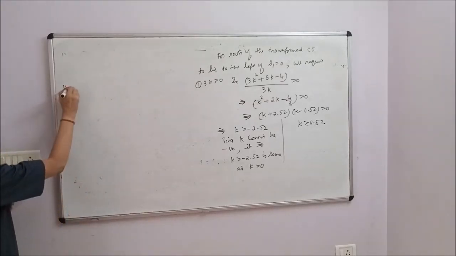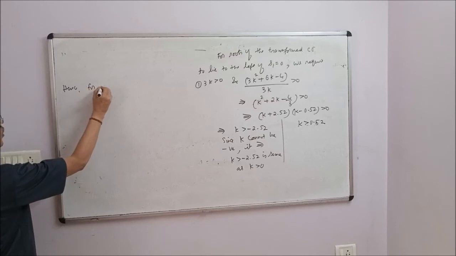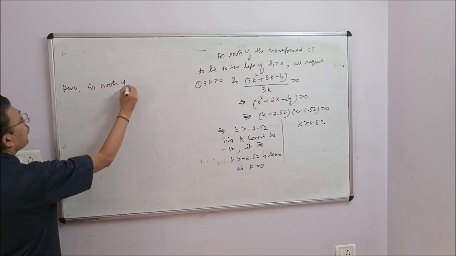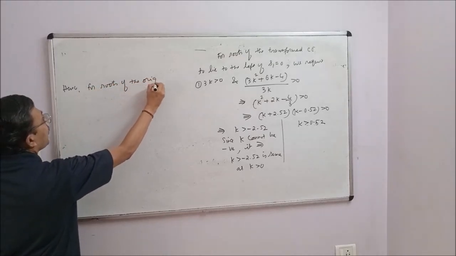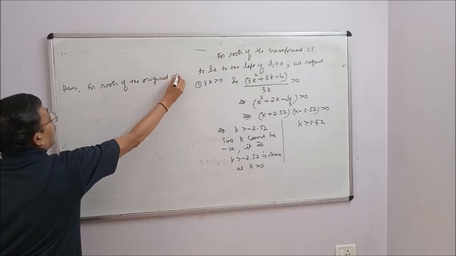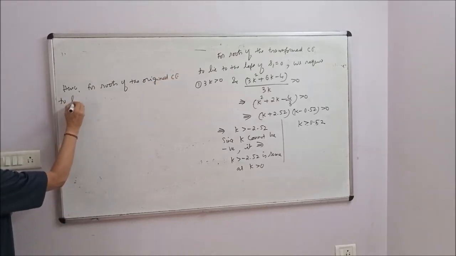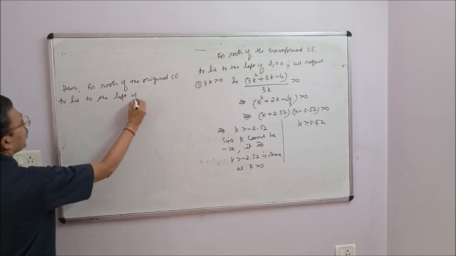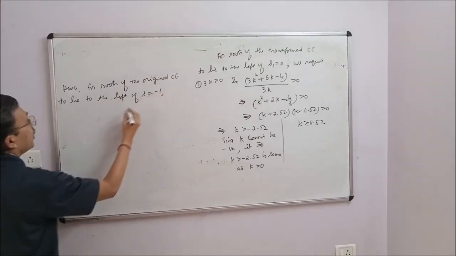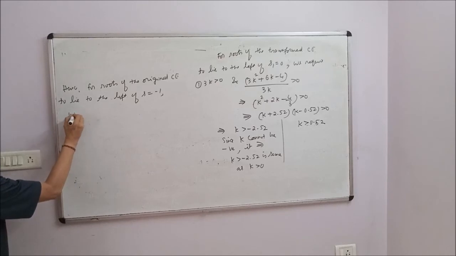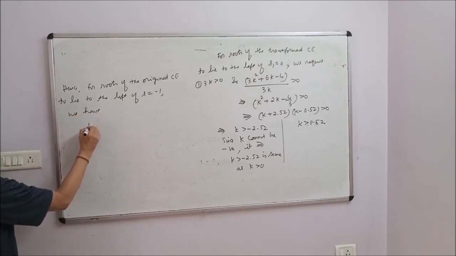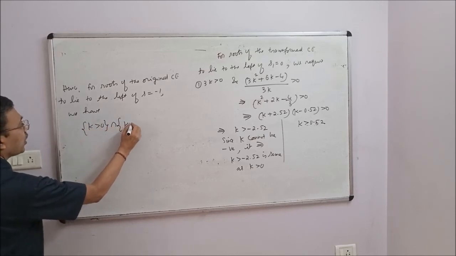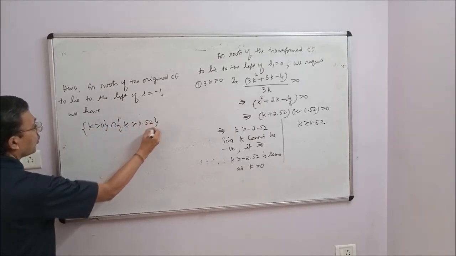Hence, for roots of the original characteristic equation to lie to the left of S is equal to minus 1, we have k greater than 0 intersecting with k greater than 0.52.